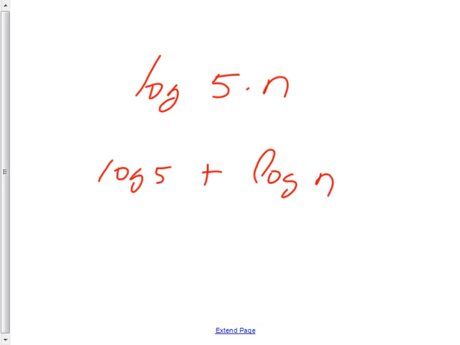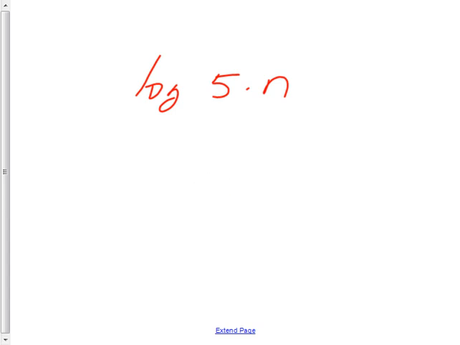Okay, how about this one? Log of 5 times n. Log 5 plus log n. Good. What base was that, by the way? All right, it's base 10.